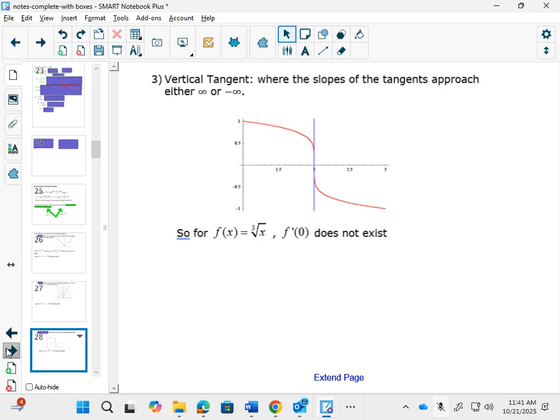So here's where smooth and continuous is a mostly good rule. But this graph is smooth and it is continuous, but it still has a place where the derivative doesn't exist. So the smooth and continuous idea is mostly right, but sometimes you can have vertical tangents where the derivative doesn't exist.